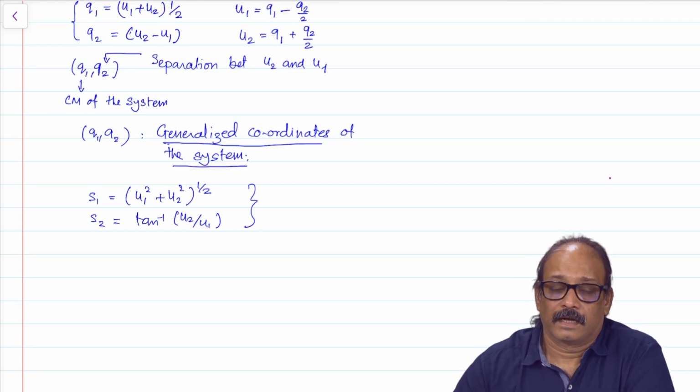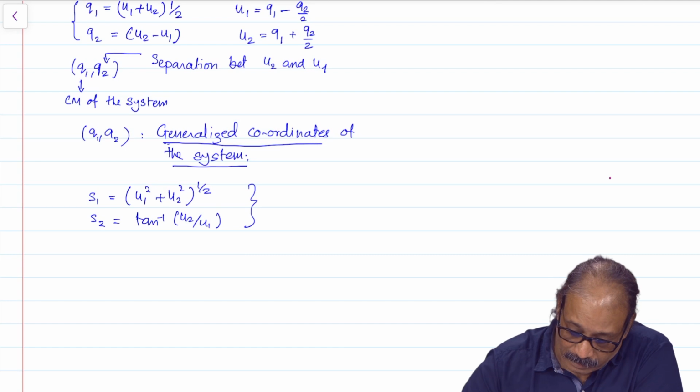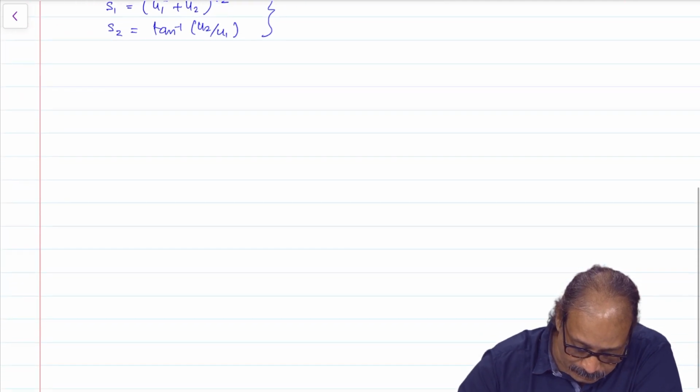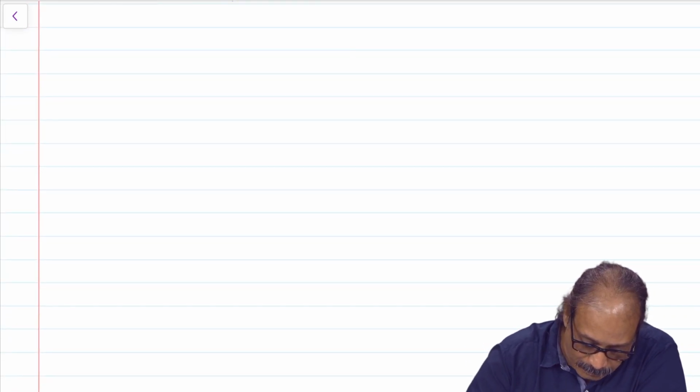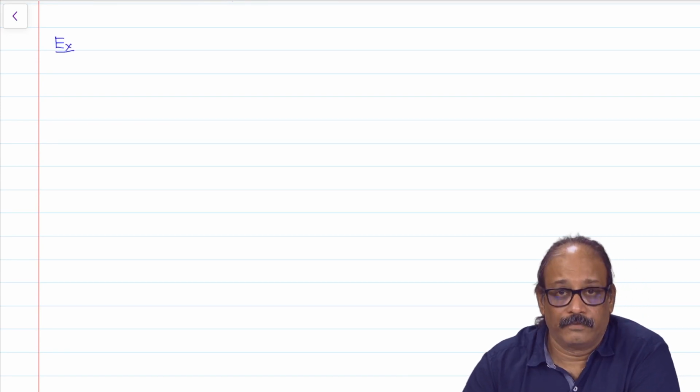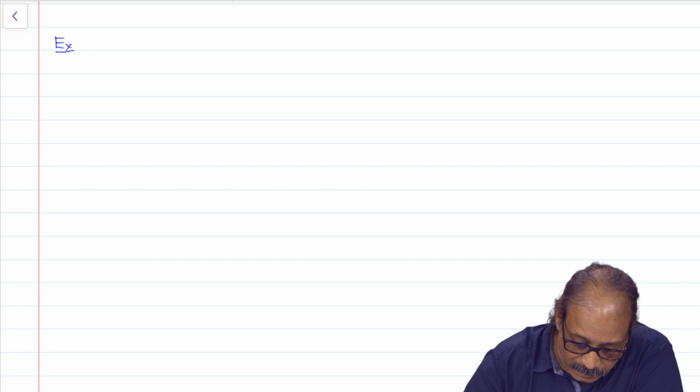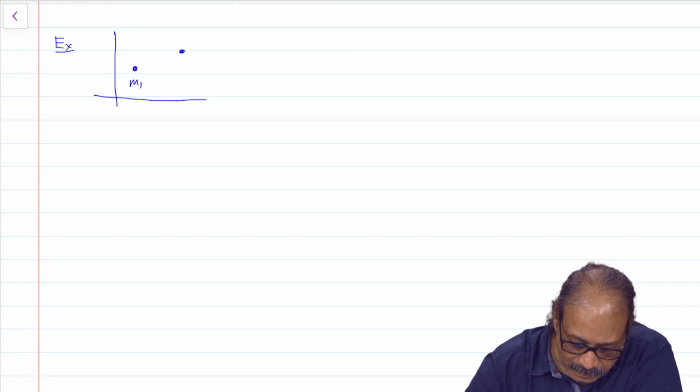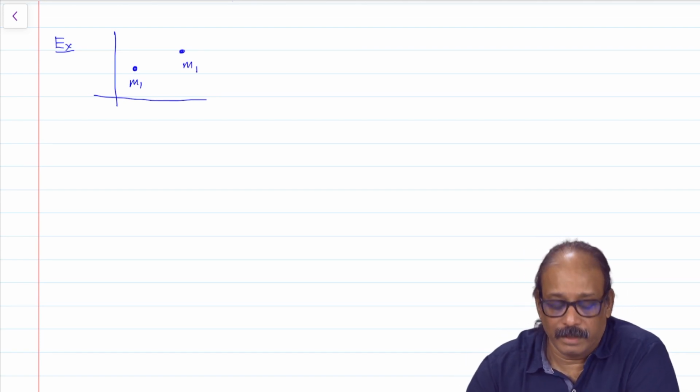Okay, I will give you one more example, and this we do very commonly. In the physical world, I have two particles. For simplicity, we will take masses to be equal, so both masses are equal to m1.